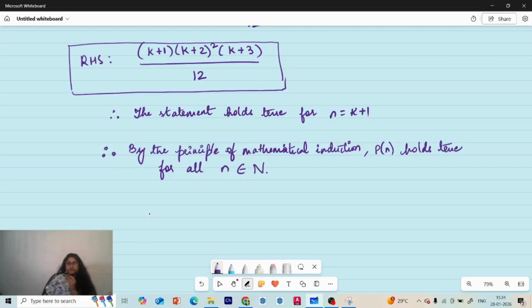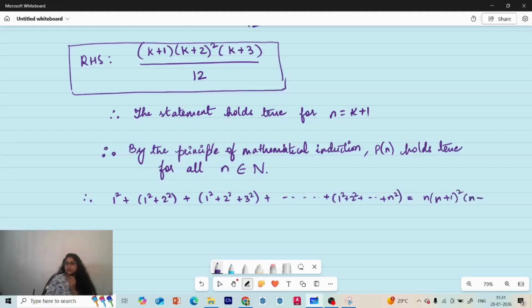And you can write down the statement again. Therefore, 1 square plus 1 square plus 2 square plus 1 square plus 2 square plus 3 square and so on up to 1 square plus 2 square till n square, the nth term, is equal to n into n plus 1 whole square into n plus 2 by 12.